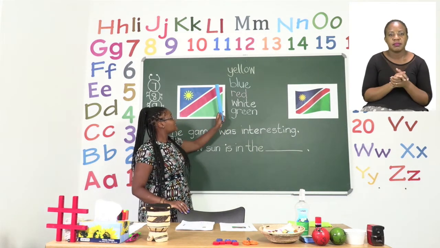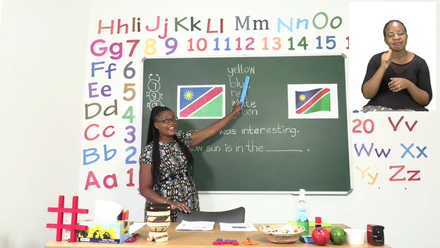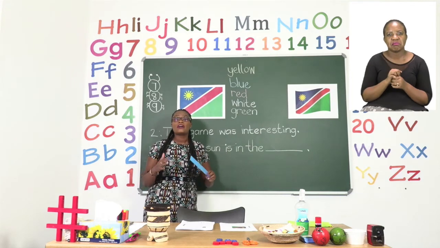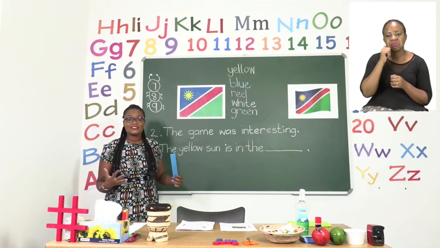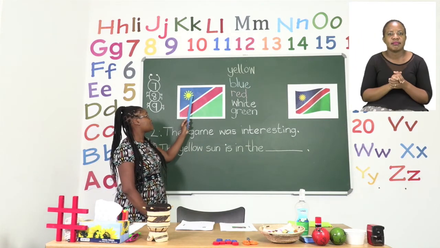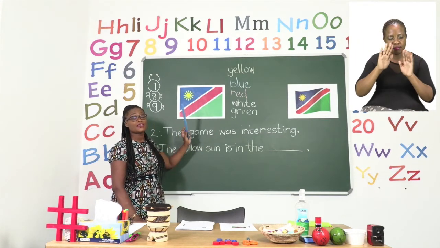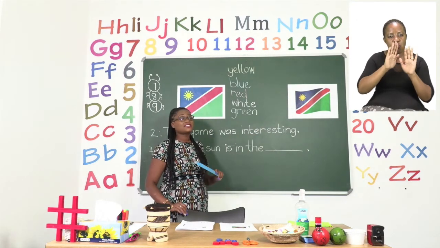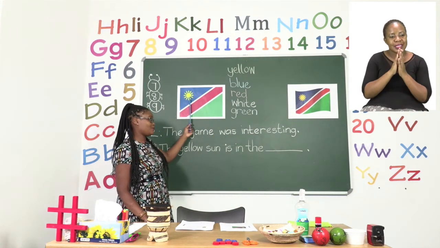Now, last is the yellow. But it's not just yellow that we are coloring. We are coloring a sun, the image of a sun. And that image of a sun is where the blue is. So please make sure that your sun will be yellow.